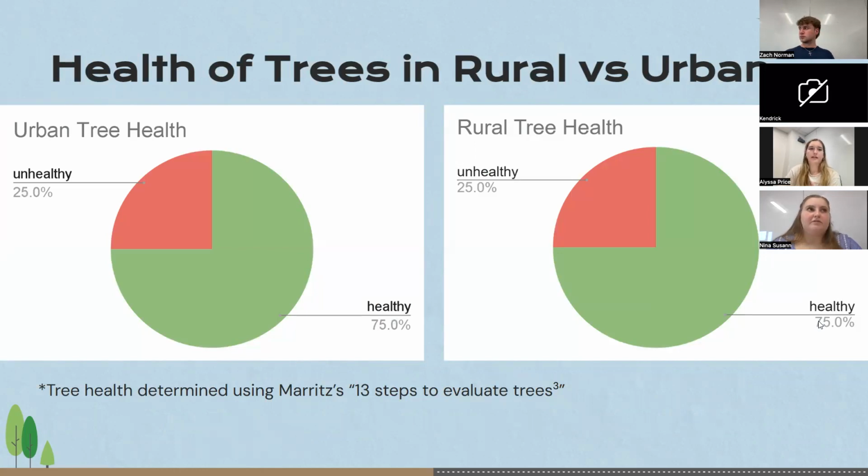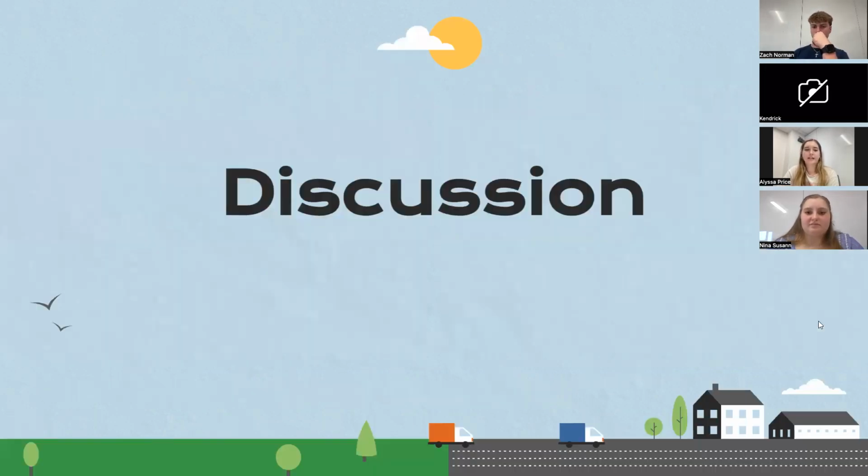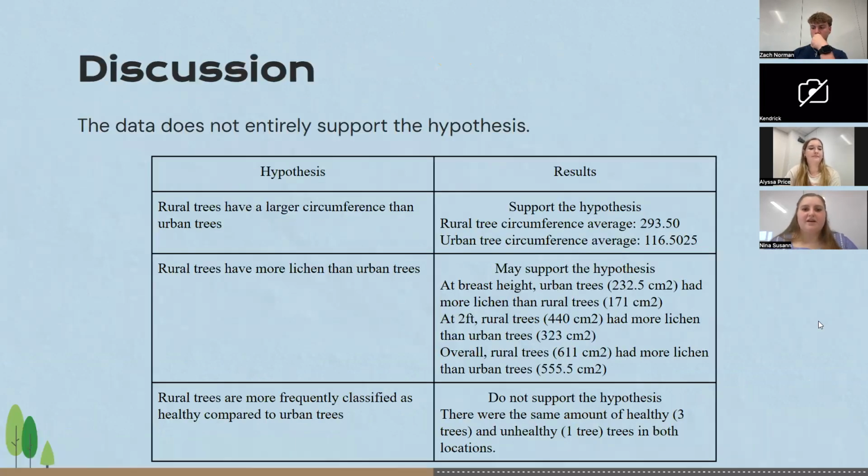And then one of the last things is when we're talking about the health of trees in rural versus urban, the urban and rural was about 3/4, and it was pretty even throughout with unhealthy versus healthy. So our data does not entirely support the hypothesis. There are pretty much 3 parts to the hypothesis.